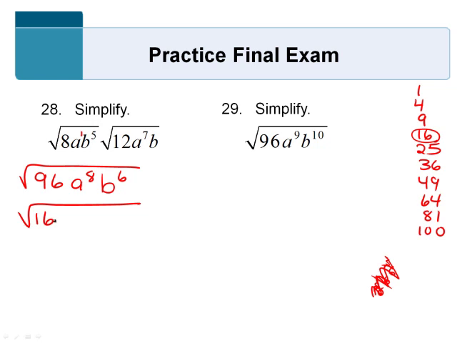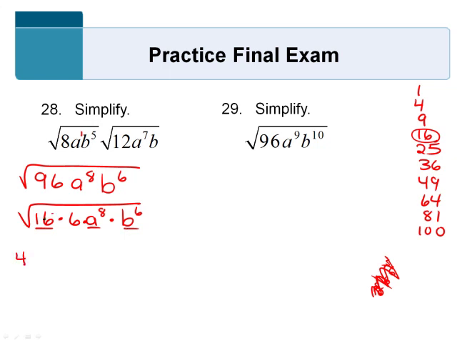Is 16 times 6. Now, a to the 8th is even, so we want to keep that the way it is. And same thing with b to the 6th. So our perfect squares are 16, a to the 8th, and b to the 6th. Now, bring the square roots all out at the same time so you don't get mixed up. The square root of 16 is 4.